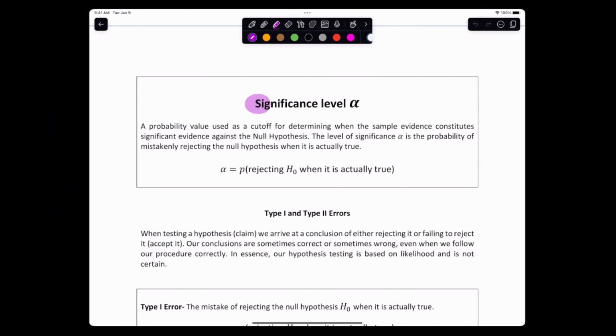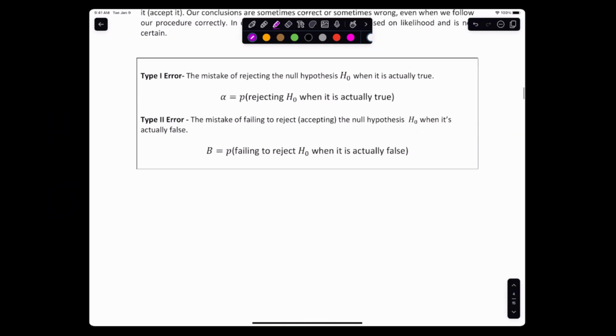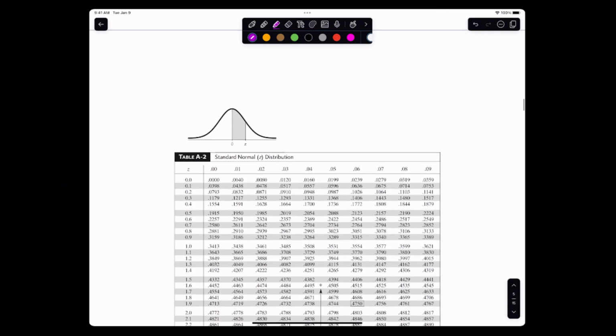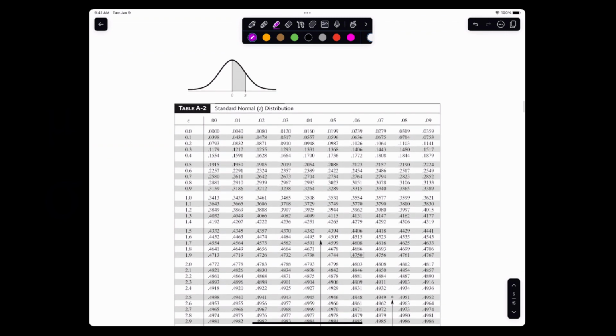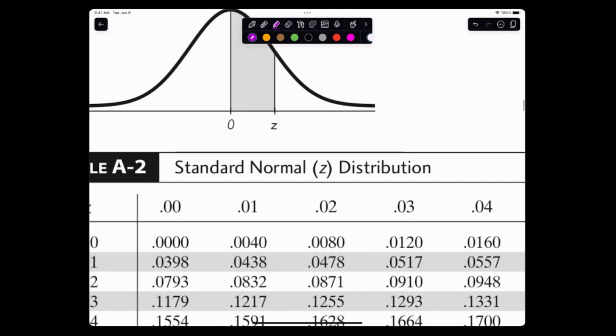This is a part of our process, and that's going to be the probability of rejecting H naught when it's actually true. We're not going to talk about that in great detail yet, but we will go over it. Traditionally, you had to use what was called a z-table because the z distribution was the standard normal distribution.